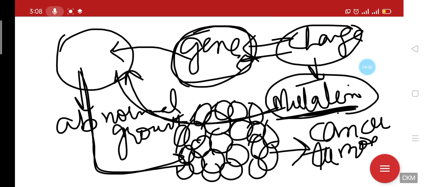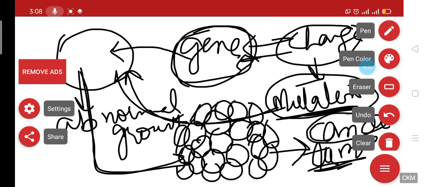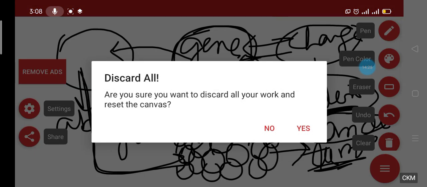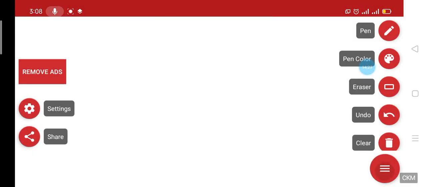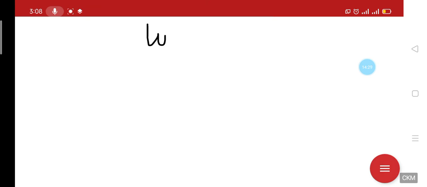The abnormal growth sometimes becomes so rapid that the cells do not remain under control and grow abnormally. This kind of disease is known as cancer or tumor. Basically, there are two types of tumor. One is known as benign and the other is known as malignant.